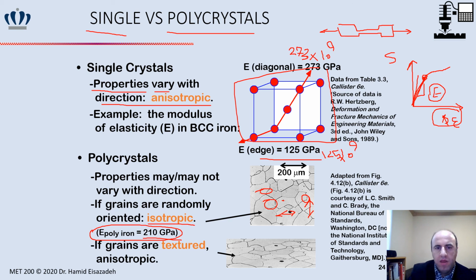Okay, this is an example of a metal or iron that was stretched. If you put this iron in a roller, then the sheet metal is going to be stretched in one direction.